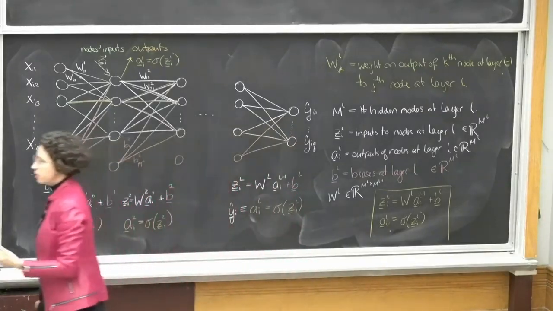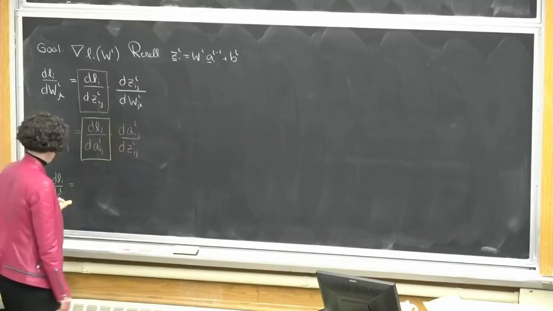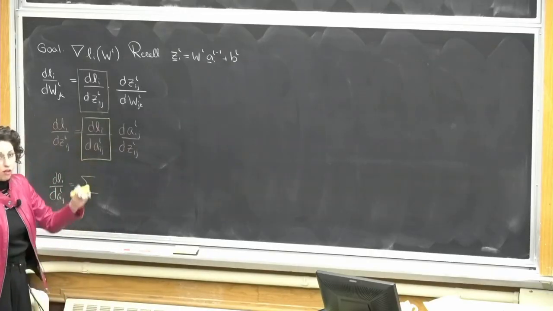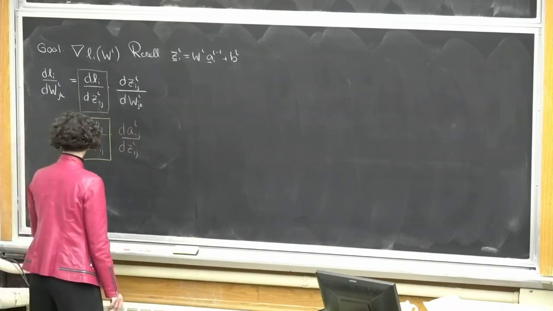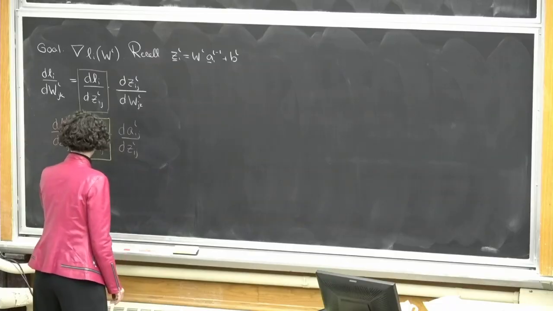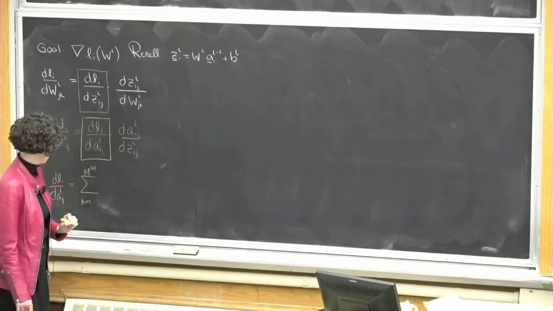And so as we compute this derivative over here of the loss with respect to A^L_ij, what we need to do is compute the sum over all of the nodes in the next layer. So I'm going to sum from k equals 1 to m_(L+1), because I'm looking at the next layer.